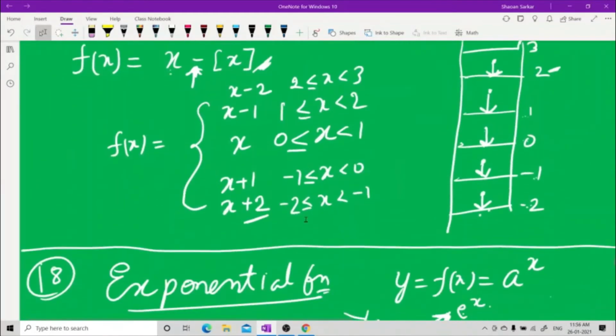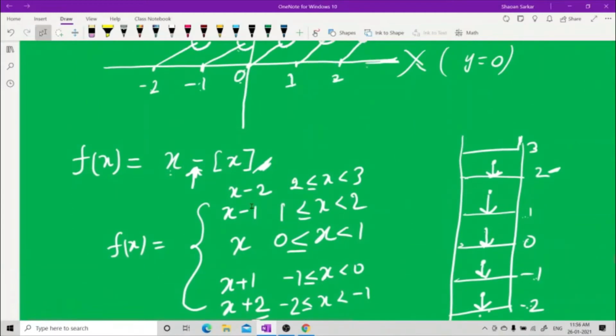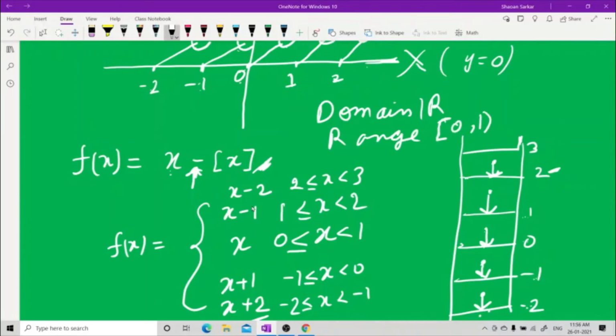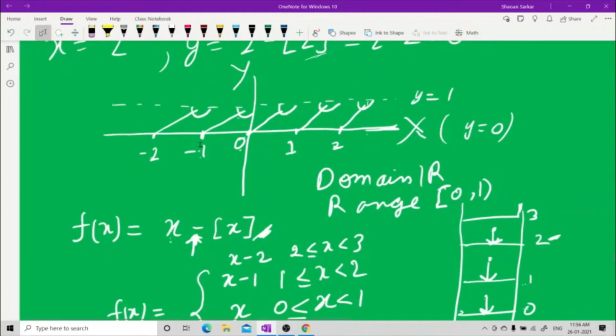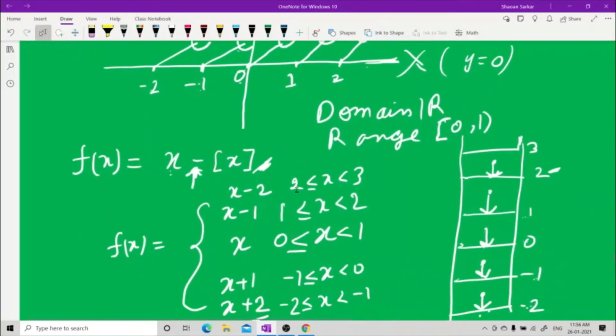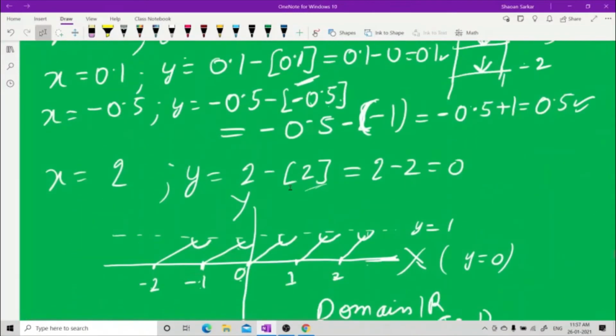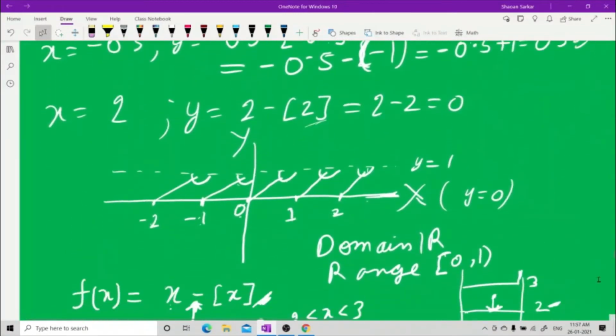So in this case, I'll write here, whatever domain is all of R, but the range is 0 included, but 1 it never reaches. If you look at this graph, it never reaches this line y equal to 1. So it's between 0 and 1 always. It could be 0.9 also.